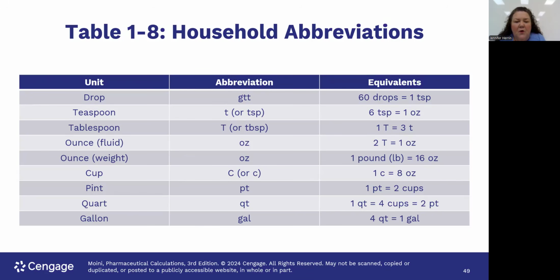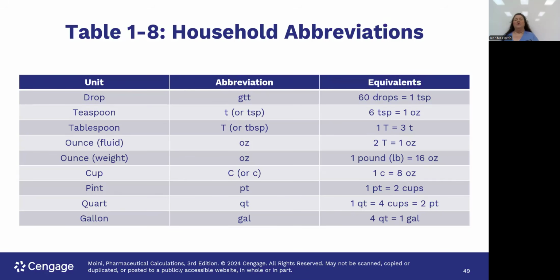They give you a teaspoon, which is abbreviated as a lowercase t or TSP, and it lets you know that 6 teaspoons is equivalent to 1 fluid ounce. 1 tablespoon is abbreviated with a capital T or TBSP, and 1 tablespoon is equivalent to 3 teaspoons. 1 fluid ounce is abbreviated FL space OZ.